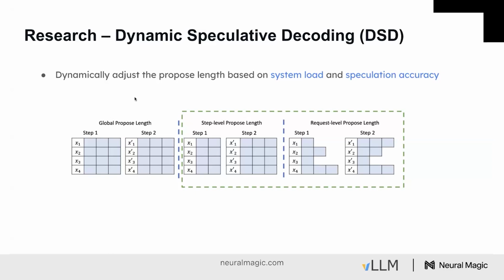As I mentioned before, it's a continuous speculative system. Currently we are doing global proposed lengths. Basically, for different generation steps, you propose the same number of tokens, but actually you can do a finer granularity, at the step level. For different generation steps, you have different degrees of speculation, or even for different requests, you can speculate a different number of tokens.